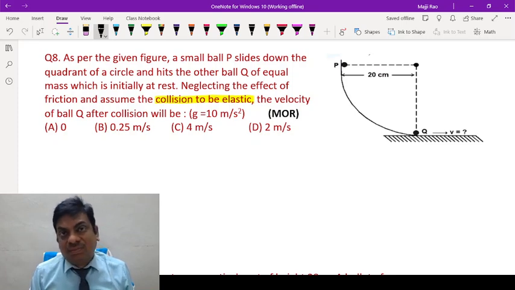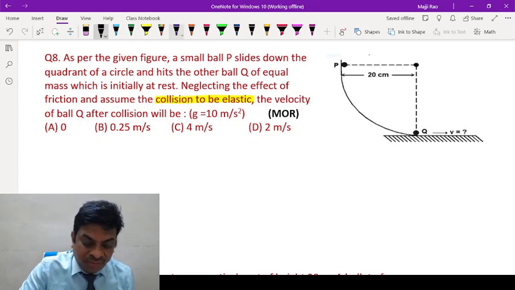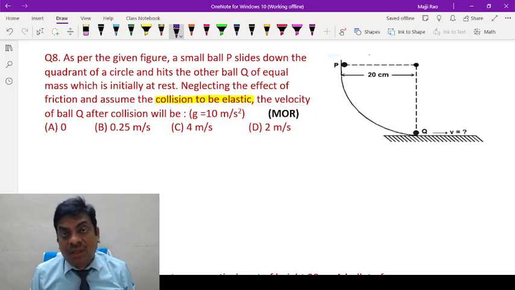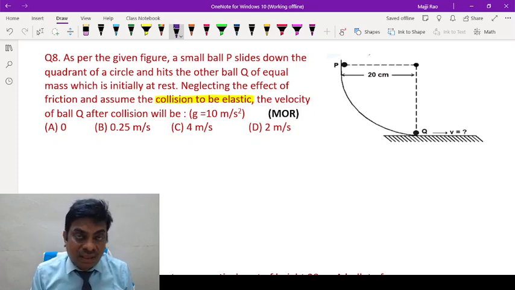Now it's a matter of simple fact, students. When two equal masses undergo elastic collision, their velocities get exchanged after collision. This is a simple fact you must be knowing. Again, I'll repeat. When two bodies of equal masses, smooth bodies of course, undergo perfectly elastic collision, then their velocities get interchanged after the collision.